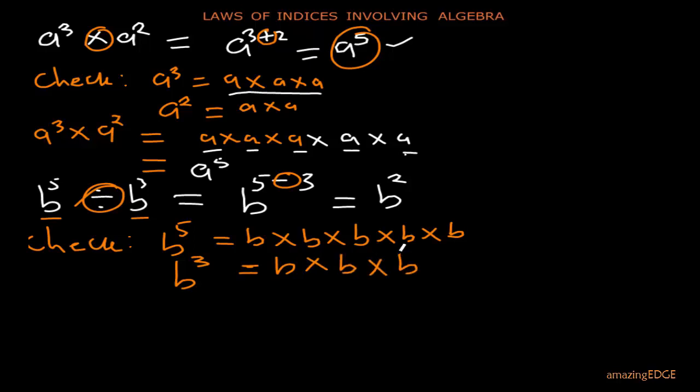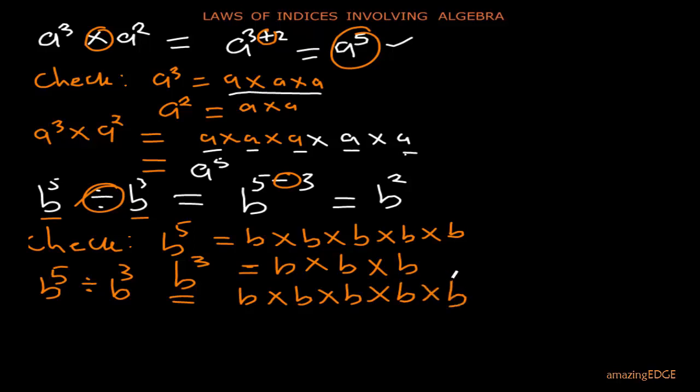So we see that b raised to power 5 divided by b cubed can be written as b times b times b times b times b, divided by b times b times b.